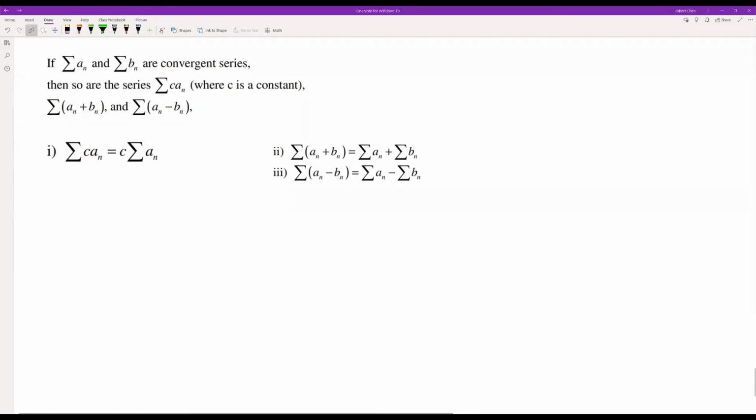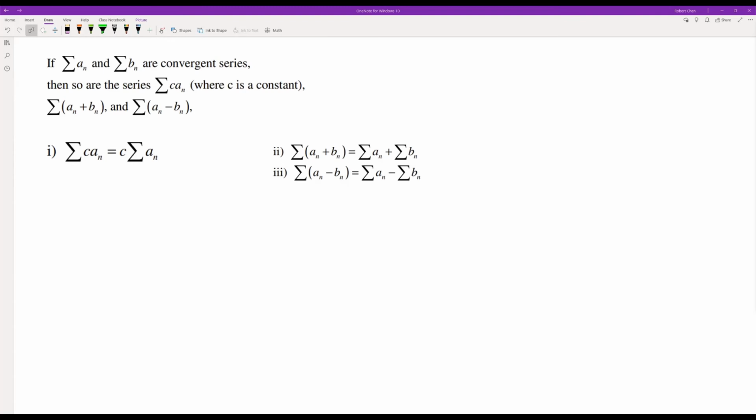All right, last thing from 10.2. If we have convergent series, then a scalar multiple of the series is convergent as well. And also when you add or subtract convergent series together, they are convergent as well, right? You're just adding or subtracting two convergent series.